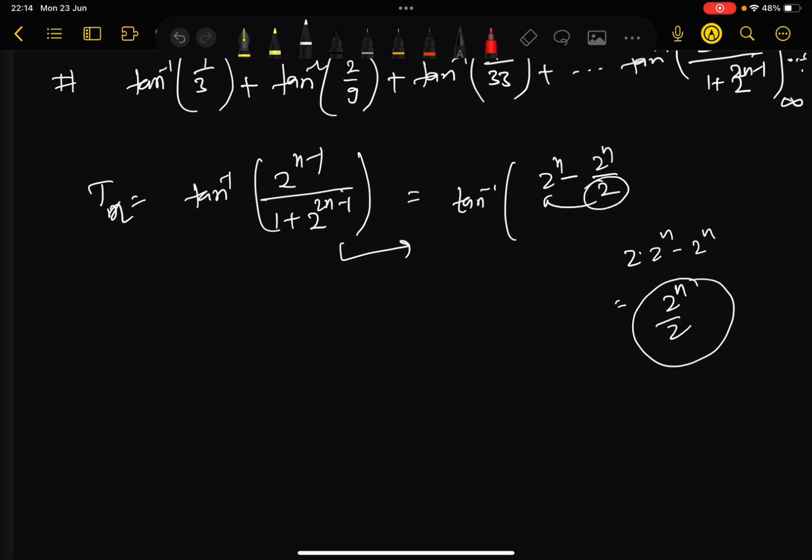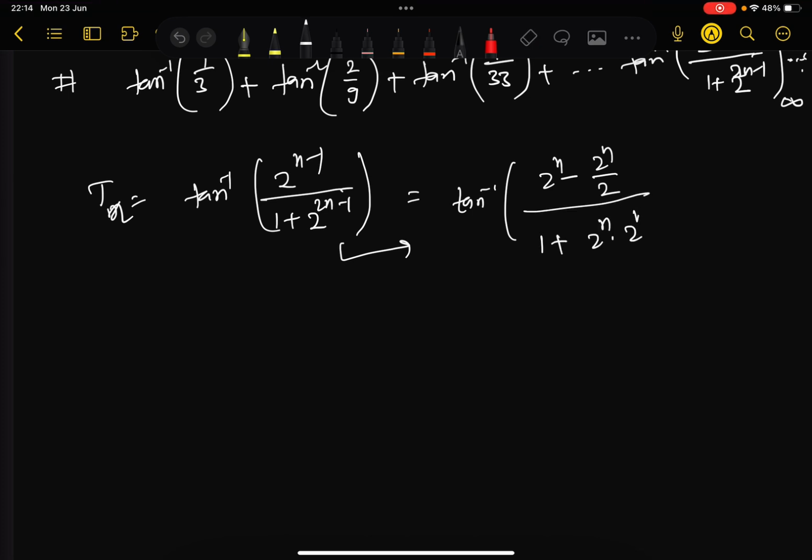Because 2 also will be there. So 2 raised to n minus 2 raised to n by 2, and divided by 2 also was there, right? So divided by 1 plus 2 raised to n into 2 raised to n by 2.